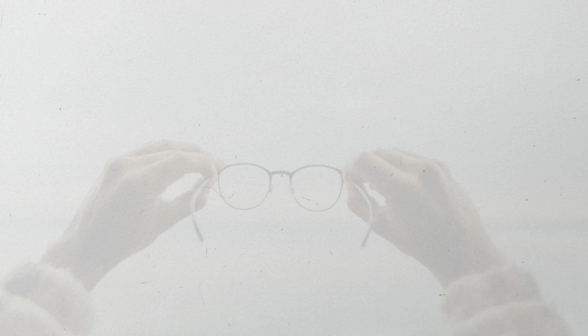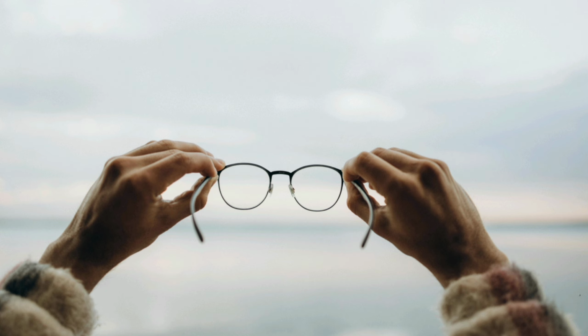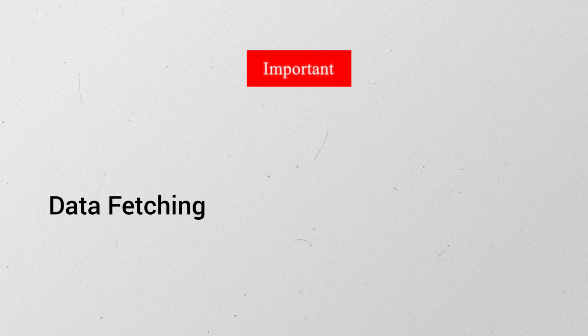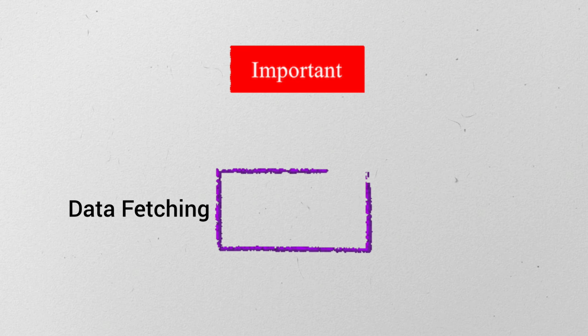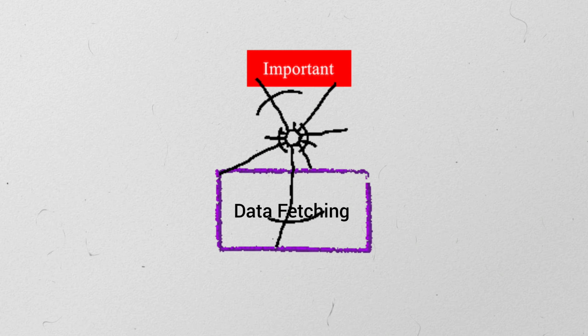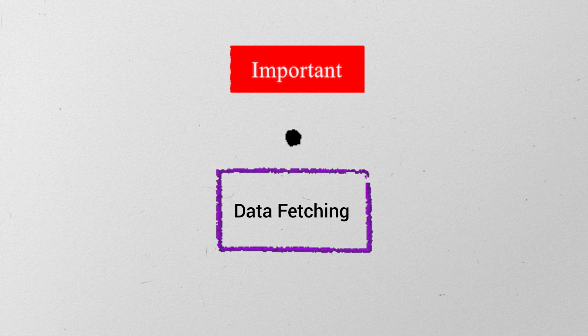Why? Because we should keep our components clean and we should not write the entire asynchronous code inside the component. It is very important to understand that our entire data fetching logic should be encapsulated in one place, and it should not be spread throughout our application.